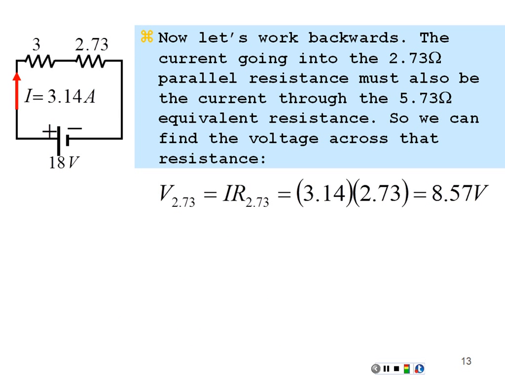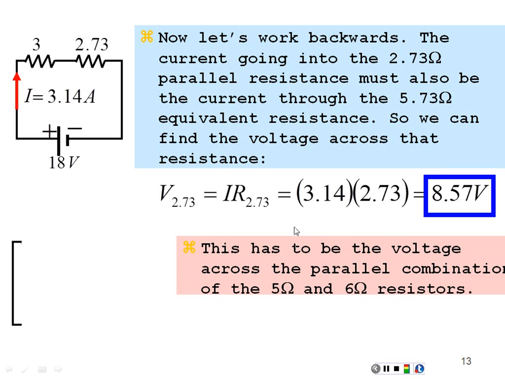For that matter, the other 9.43 volts available in the circuit is going to be across the 3 ohms to the left. But right now I'm going to focus on this. I got 8.57 volts between this point in the circuit and this point in the circuit across this 2.73 ohms.